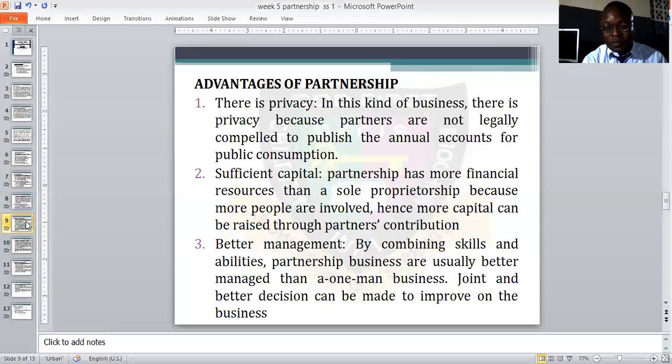In partnership, different partners contribute different ideas to the business. Joint and better decisions can make the business improve. Because they have different ideas and knowledge, the business grows better than a one man business.